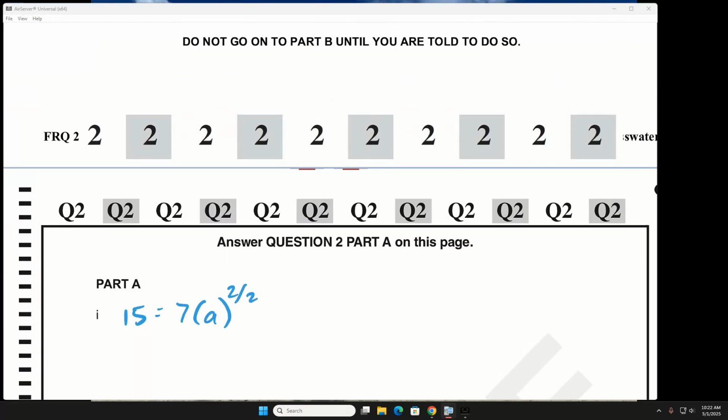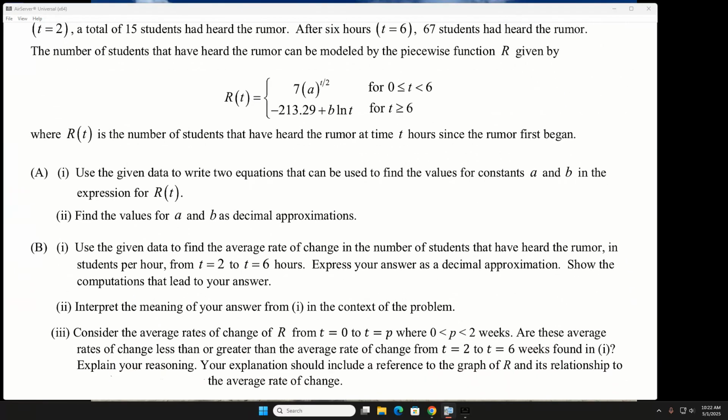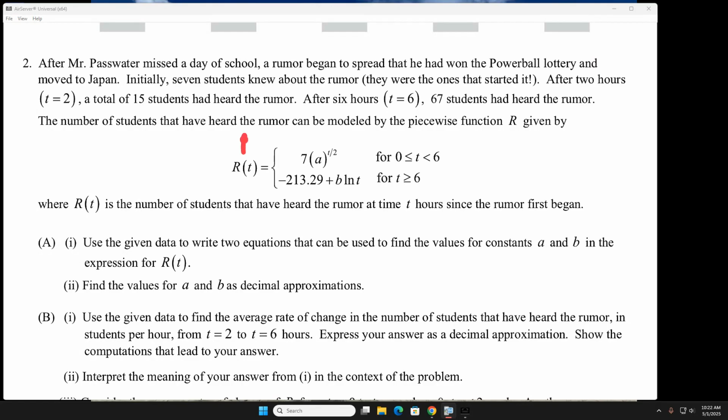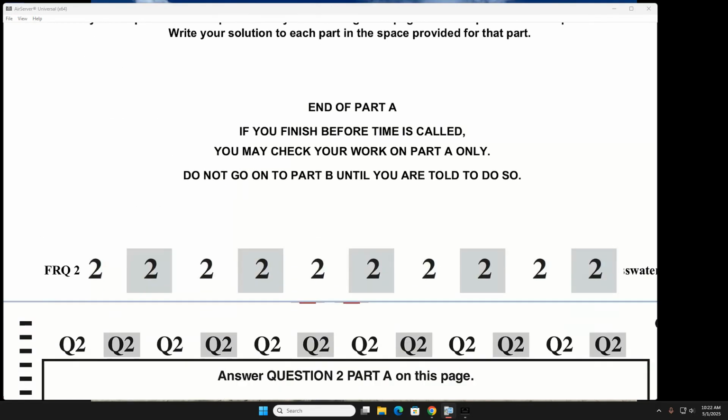All right, and then figuring out 6 is actually a little more challenging. Do you guys know which one to use for 6? They both have a 6. The bottom one, because this is the one you use when t equals 6. So we're going to put 6 in for this t, and what was it? 67 in for R.